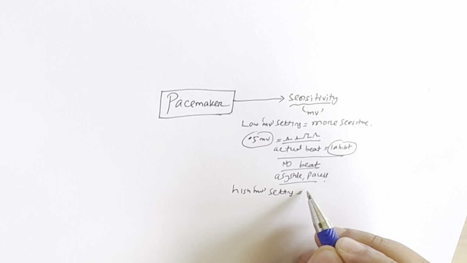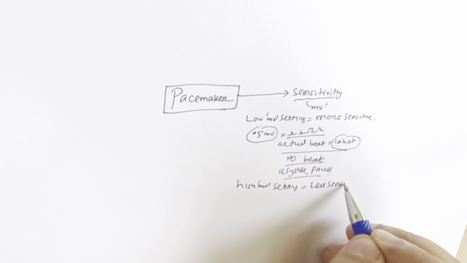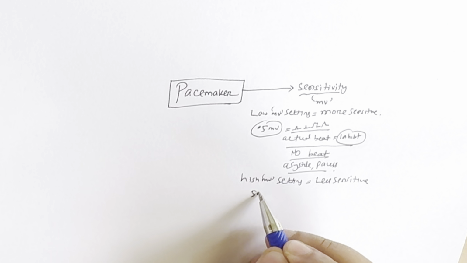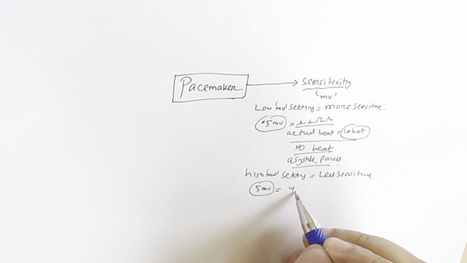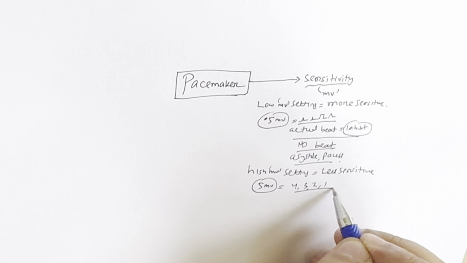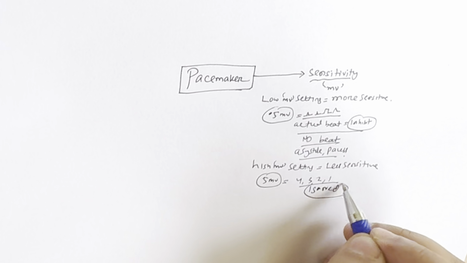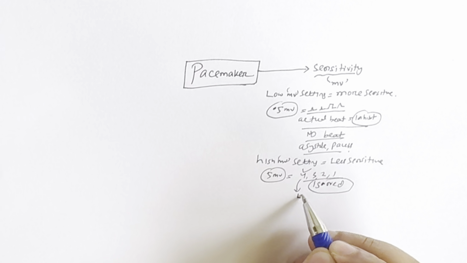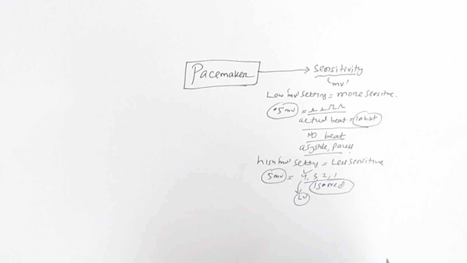Similarly, a high millivolt setting is less sensitive. How? If you have set the sensitivity at 5 millivolt, then all the voltage below 5, that is 4, 3, 2, 1, will be ignored. It may be that at 4 millivolt, the heart can produce a contraction, the LV can contract, but it is not inhibited by the pacemaker, because the pacemaker will only inhibit when it is 5.